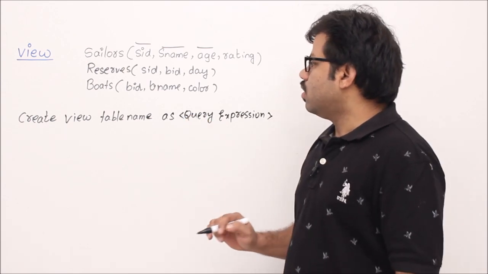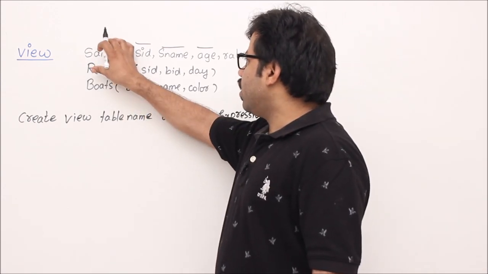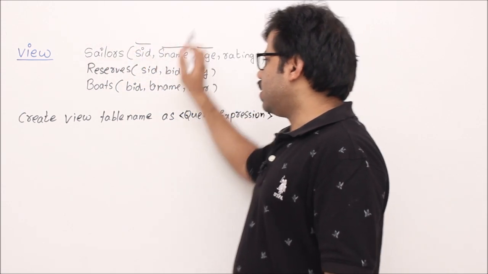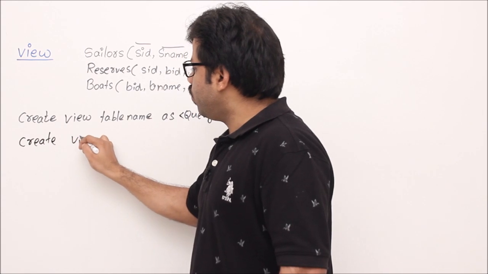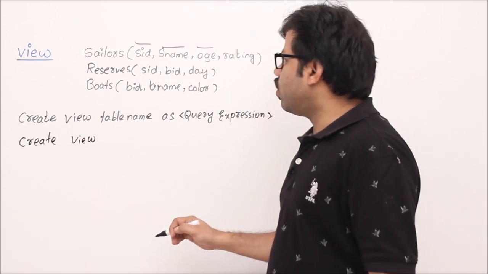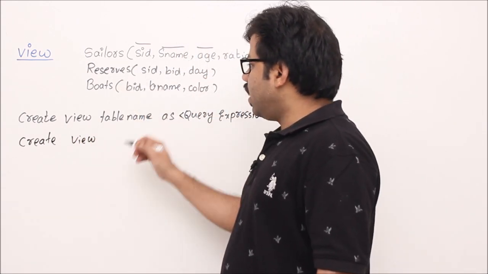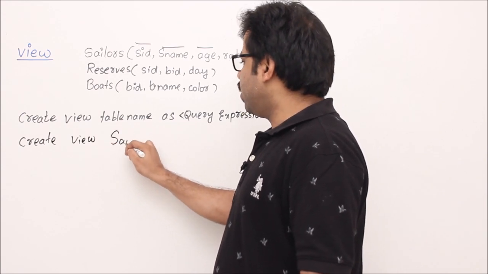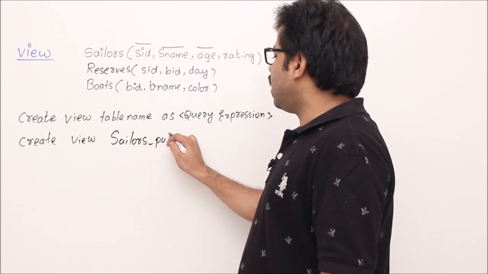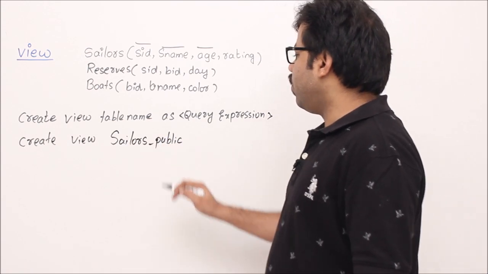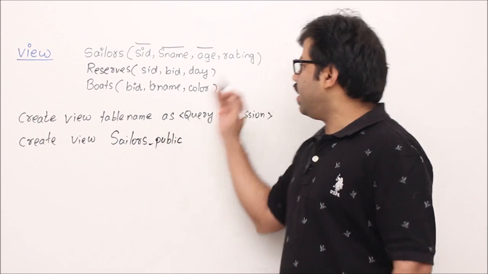Example: I am creating a view with only this information. How to do that? Create view, and the table name I want to give is sailors public, that means I want to give only this information to the public other than ratings.